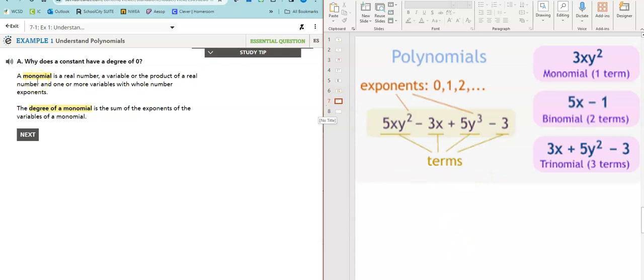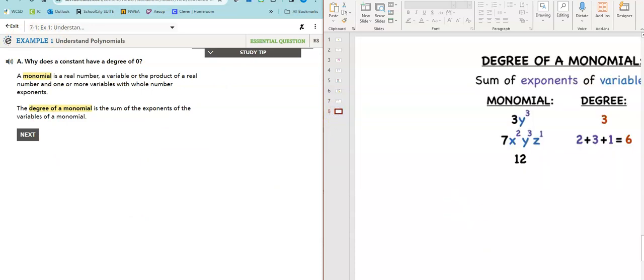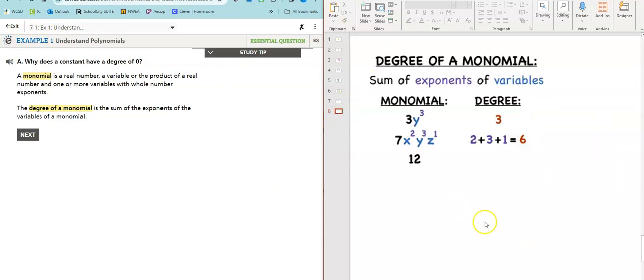All right, so what we need to understand about a monomial is what the degree of a monomial is. The degree of a monomial is the sum of the exponents of the variables of a monomial. Again, with all these vocabulary words, I like images, so I found this image that explains it.